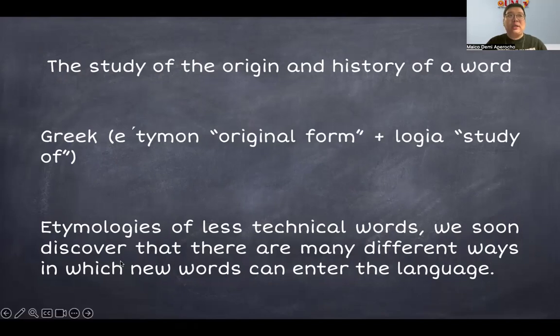So we cannot only tell that a new word can enter a specific language through neologism or coinage. It could also be because of etymological formation, the formation of a certain word based on a certain language origin and then evolution as well throughout the years.